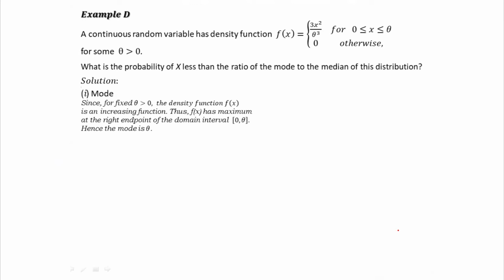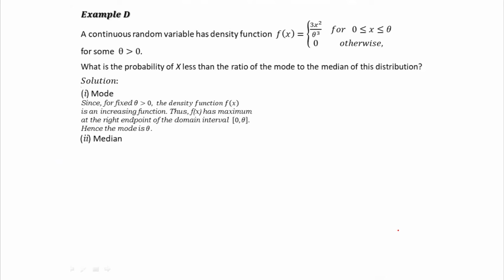Thus, f of x has a maximum at the right endpoint of the domain interval from 0 to theta. Therefore, we say that the mode of this distribution is at the right endpoint of the domain interval, which is theta. Now, let's proceed to finding the median of this distribution.